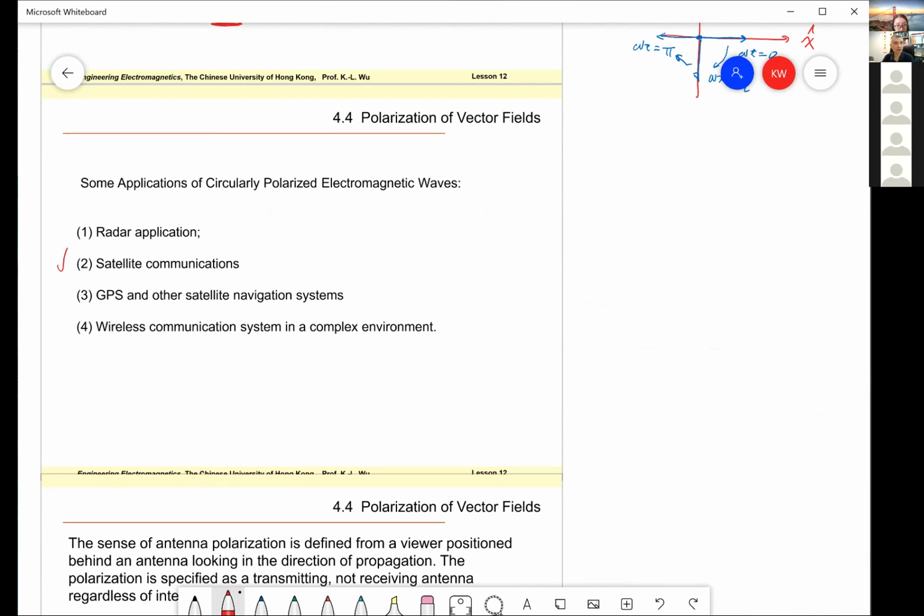And for wireless communications, we don't use circularly polarized wave, but we use dual polarized. In wireless communication systems, we use very little circularly polarized wave, CP wave.